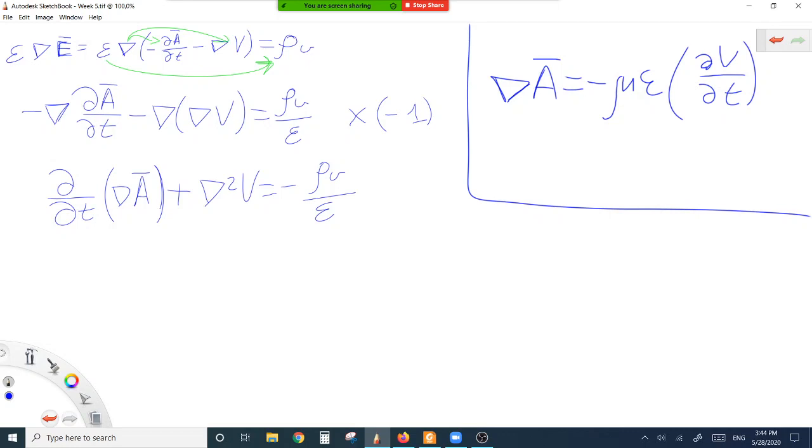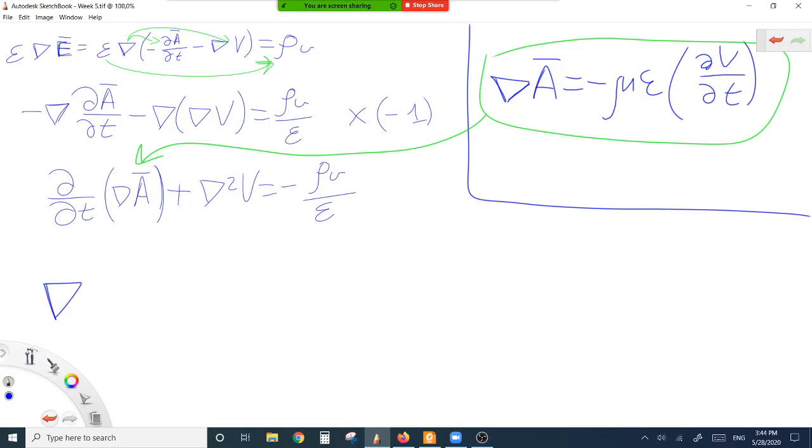If we apply this in our equation, what we get?